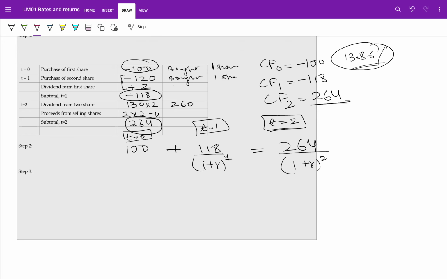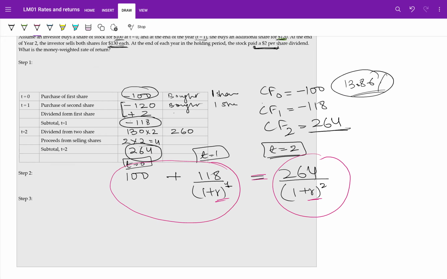If I plug in 13.86 into these rates, both of these calculations are going to be equal. So this is what internal rate of return means, and this is what money weighted rate of return represents.